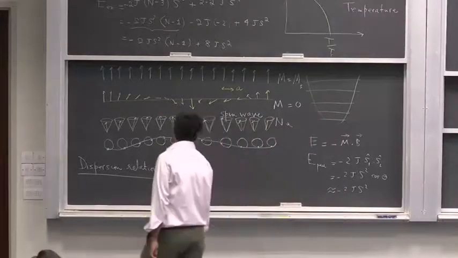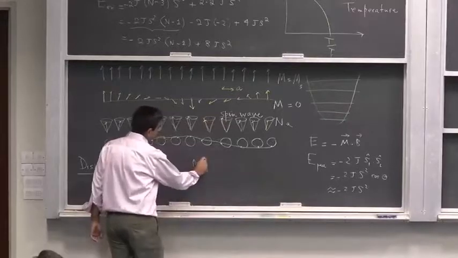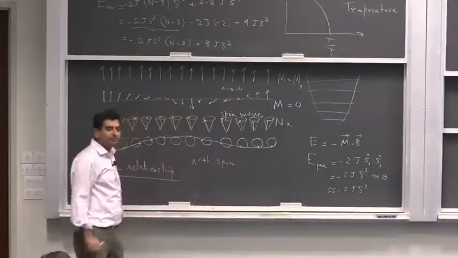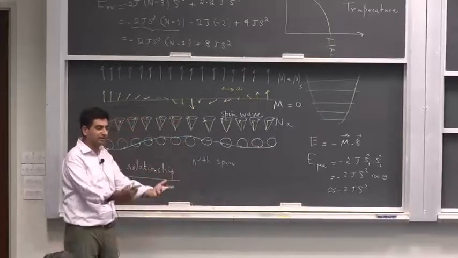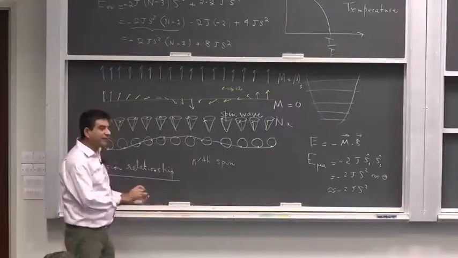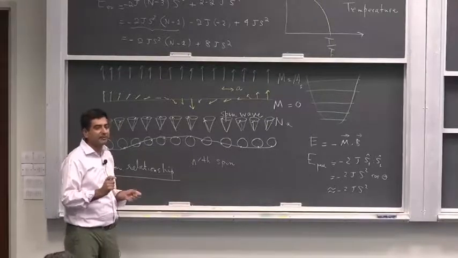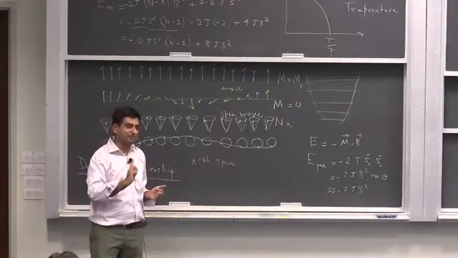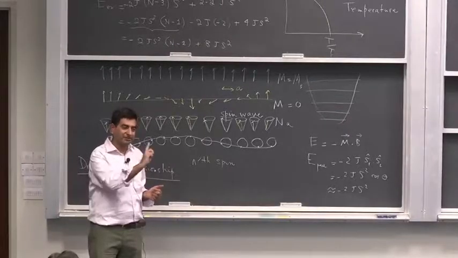Suppose I focus my attention on the nth spin, which is one spin out of this volume. Now we've already seen that each spin sees an effective molecular field which is generated by the exchange interaction. Remember molecular field theory.